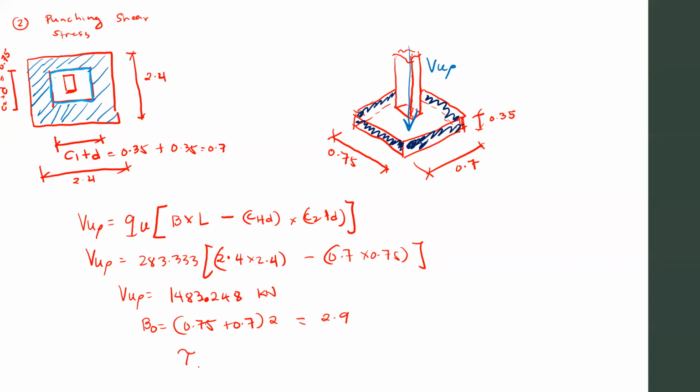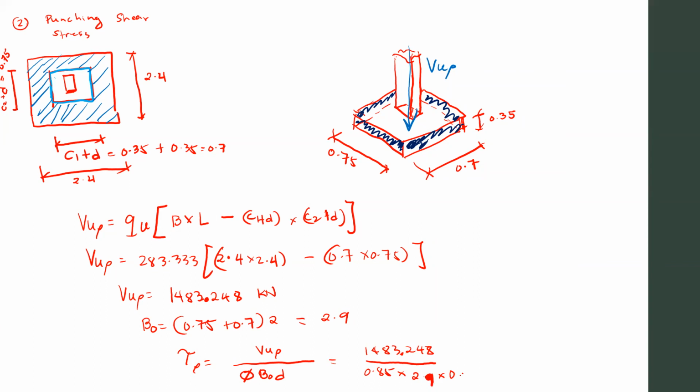Therefore, your tau sub P is equals to the force, which is VU sub P divided by BO times D. And you need to get the nominal, so you need to divide the factor, reduction factor phi. So that is 1483.248 kilonewtons. Divide it to 0.85 multiplied by B times D, that is 2.4 by B sub O, that is 2.9. Ito yung perimeter natin.